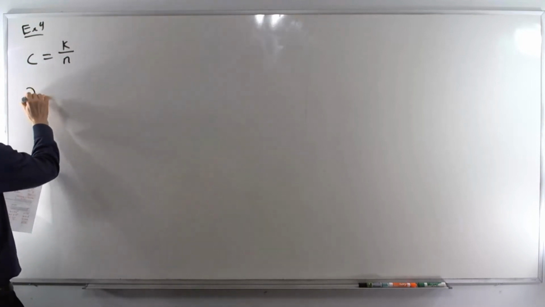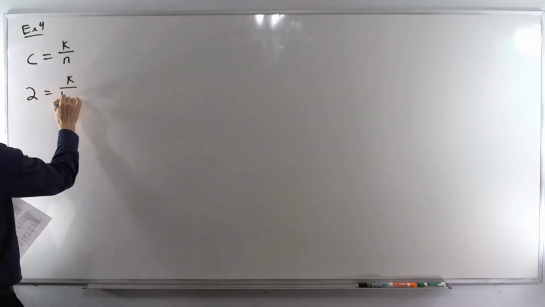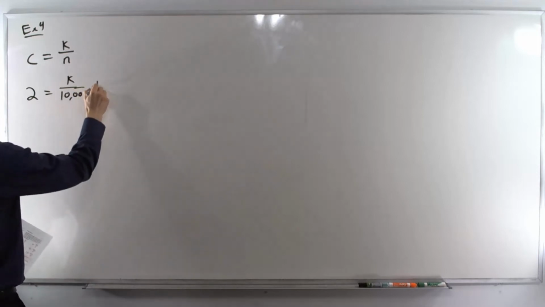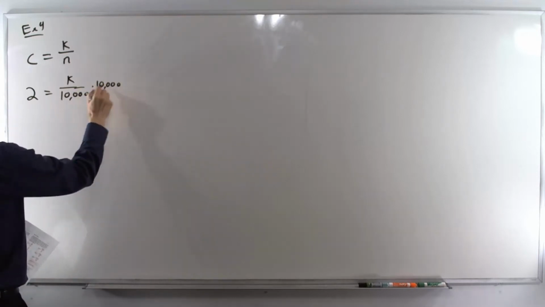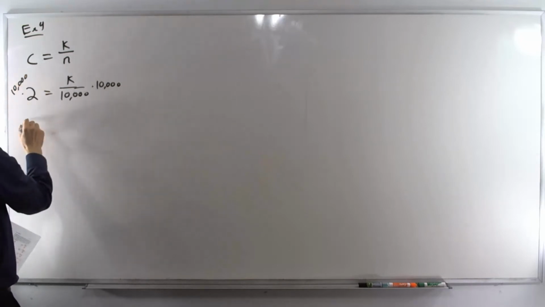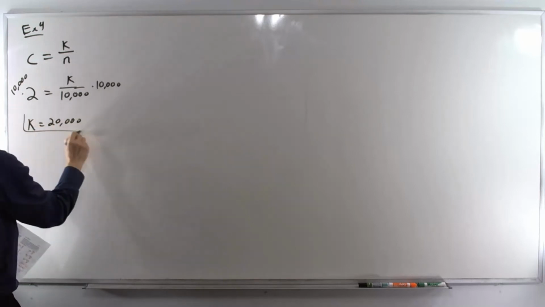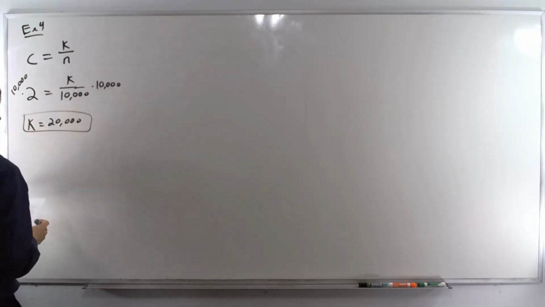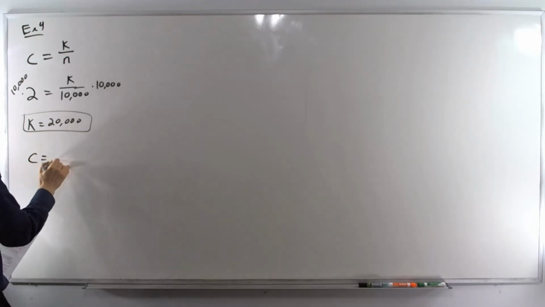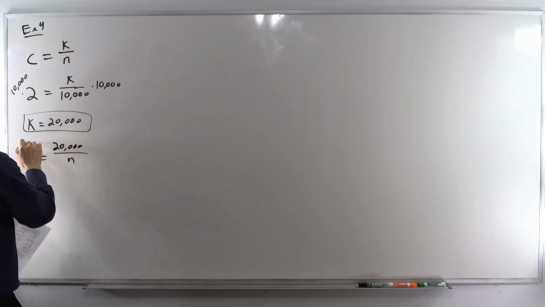So 2 goes in for C. 10,000 goes in for N. All right, multiply both sides by 10,000. And we get a constant of variation of 20,000. We're going to create the equation of variation, so C equals 20,000 over N.